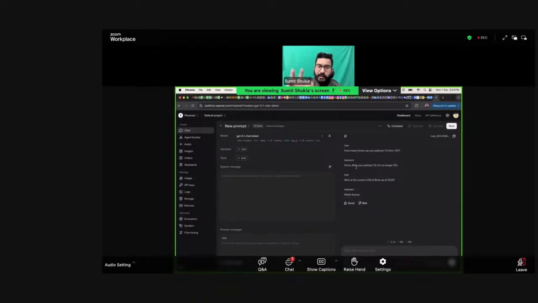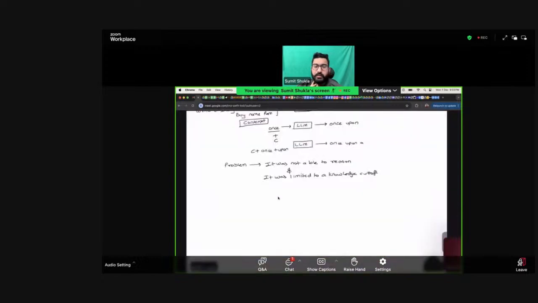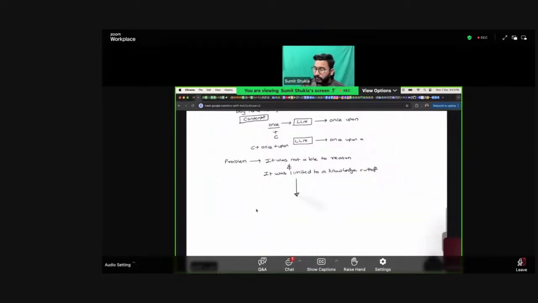So basically, I hope you are able to understand that these were the two problems. The initial model generated by ChatGPT 3 was not able to reason, and it was limited to a certain knowledge cutoff. And that is what ChatGPT tried progressing. So over the years from 2021 to 2025, they tried to solve this problem.